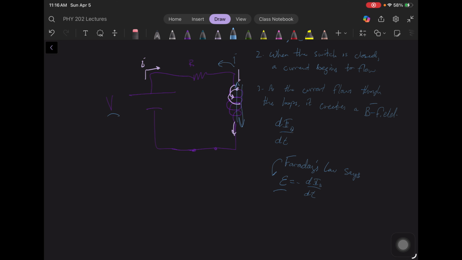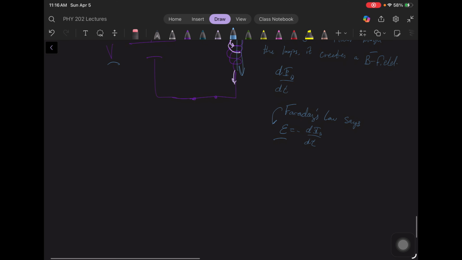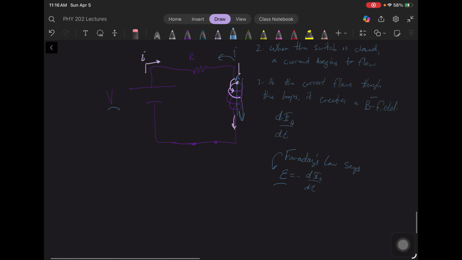Because of Faraday and Lenz's law, the EMF you produce is going to be directly equal and opposite to the potential you applied. And so no current flows.